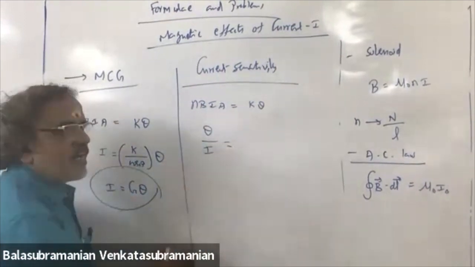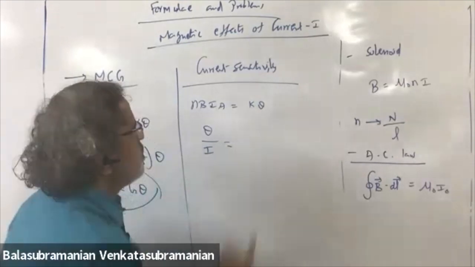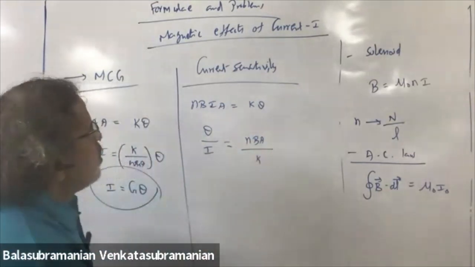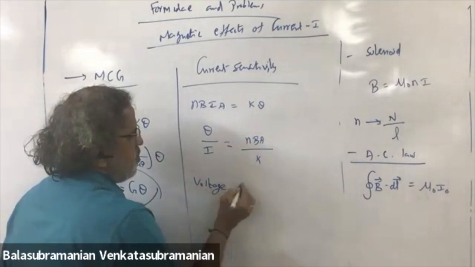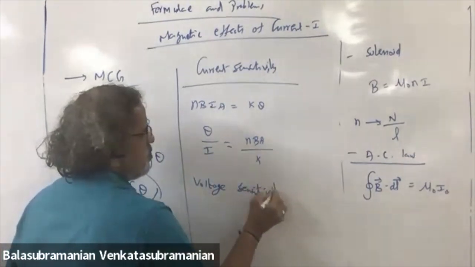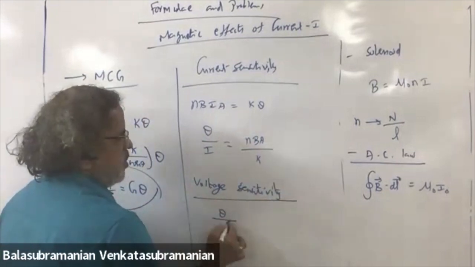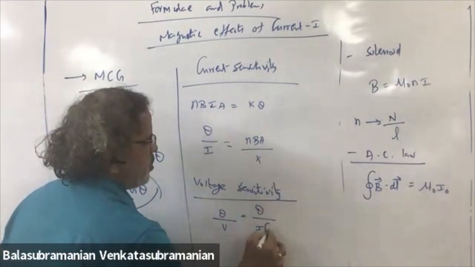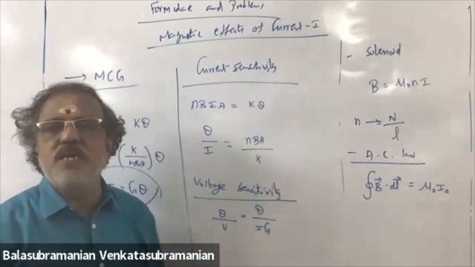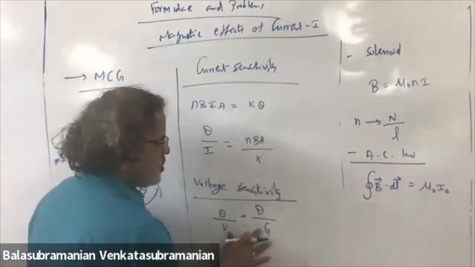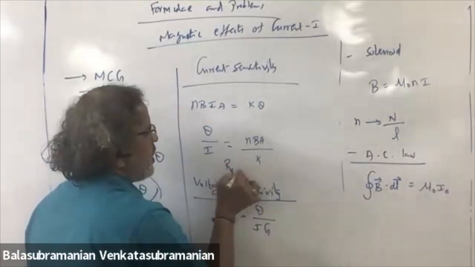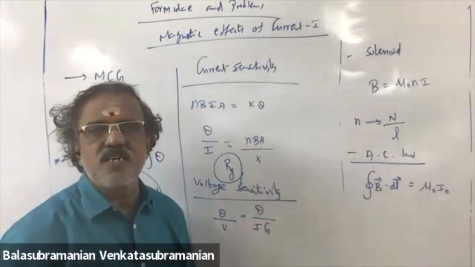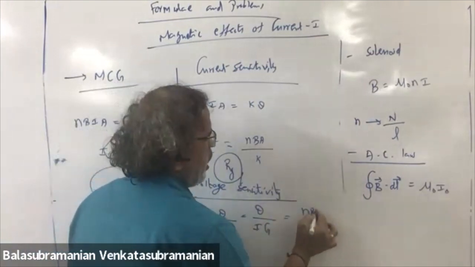Theta by I we call current sensitivity, so I can write NBA by K. Voltage sensitivity: theta by V we need. V means we have to calculate current into resistance. G is called galvanometer resistance. I into G. No, sir, I will take RG as the galvanometer resistance. You can very well take it, it's only a notation. We have taken G as the resistance here. It is equal to NBA by KG.